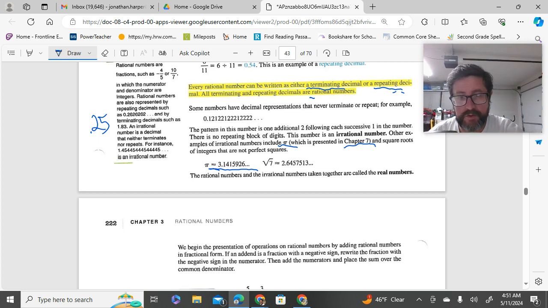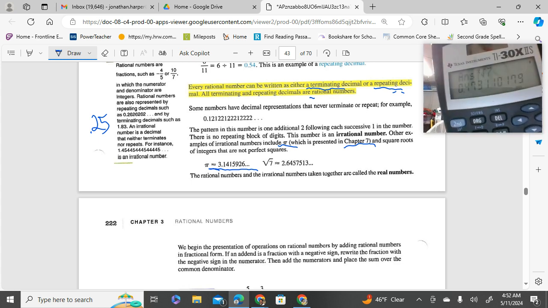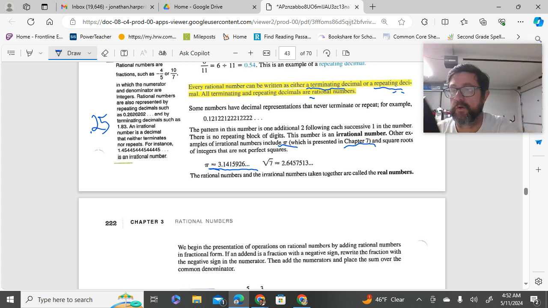I am not sure, I think it's the caret button, which is the up arrow. So we go square root of 7 equals, this is an irrational number because it just goes on forever and it doesn't have a stopping point.